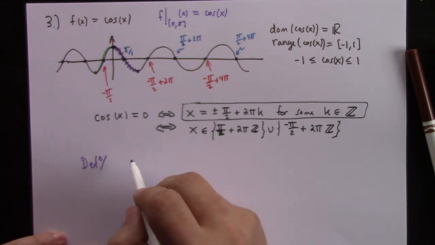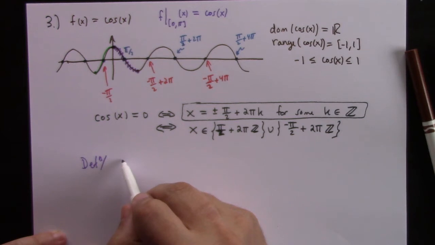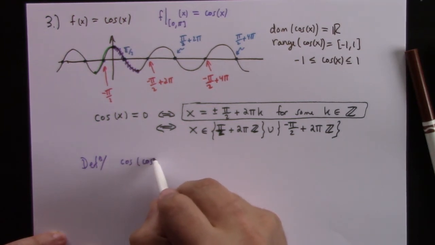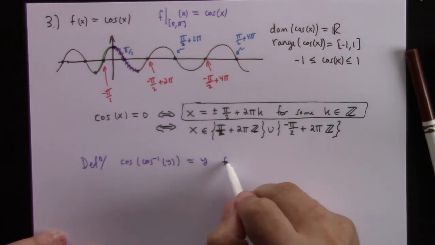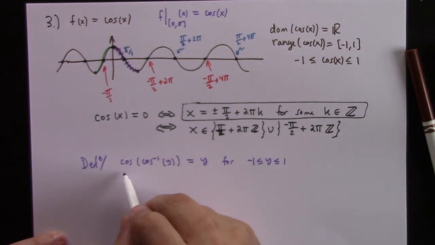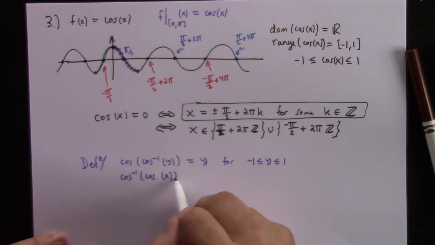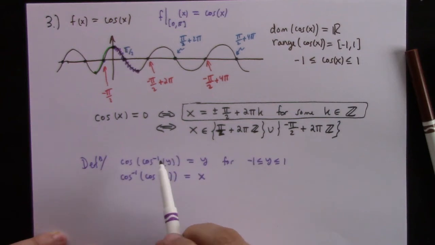First, the easy part. Cosine of cosine inverse of y is equal to y. That's true for minus 1 less than or equal to y less than or equal to 1, whereas cosine inverse of cosine of x is only equal to x again when it falls into where the definition of cosine is made.